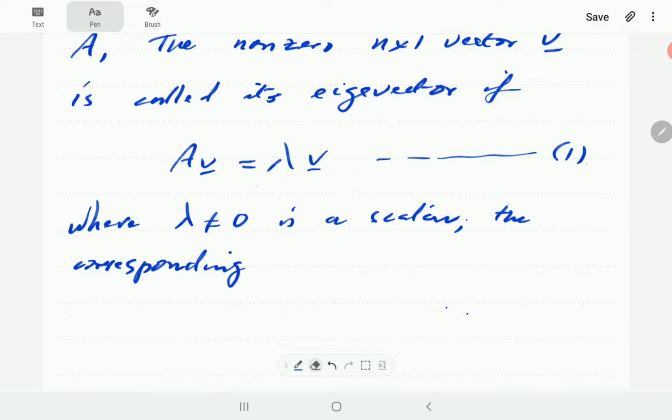So lambda and V go hand in hand. Lambda is the eigenvalue, V is the eigenvector.